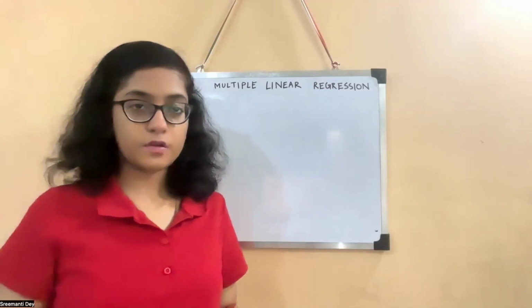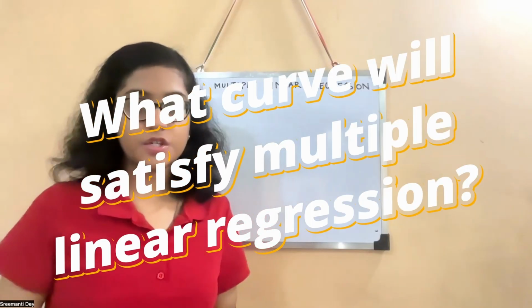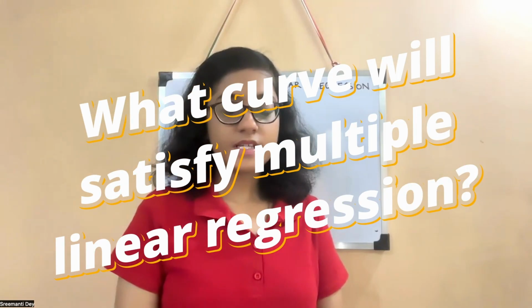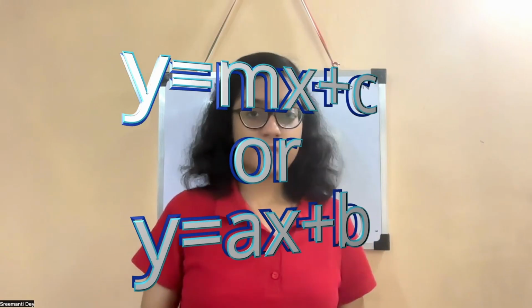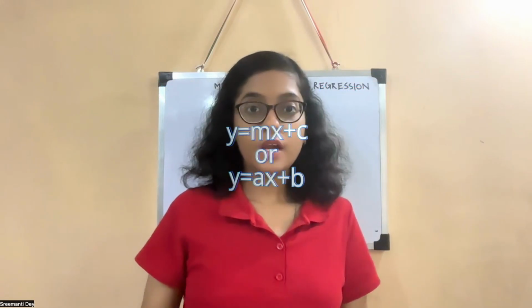Now we want to find out the curve. What curve will satisfy our multiple linear regression problem? In simple linear regression, since we have one x and one y, and it's linear, y would be mx plus c or ax plus b, some linear function of x. Now, in case of multiple linear regression, we'll have x1, x2, xn, n features.